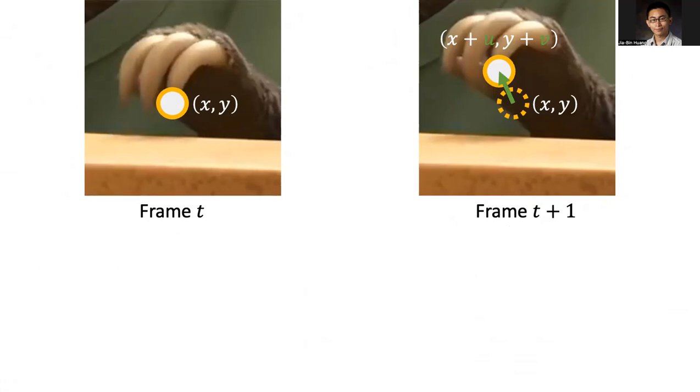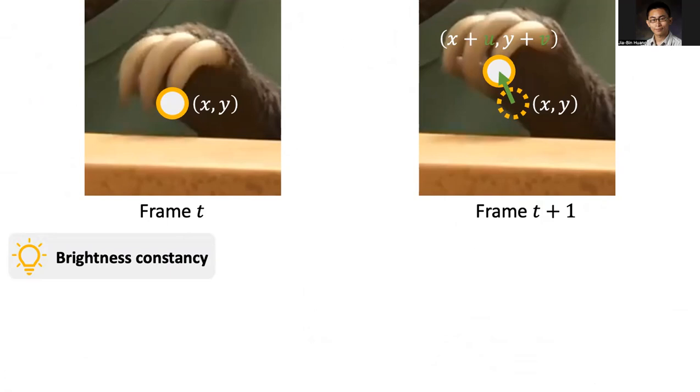But let's see how we can actually do this. Basically, the problem is: given the XY location of a point, how do I know where that point goes in the future frames? To solve this problem, we have some assumptions. We first need to assume that the color or intensity of the pixel you want to track does not change from one frame to the next.